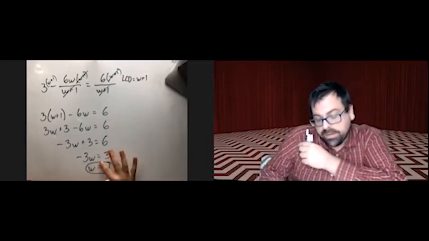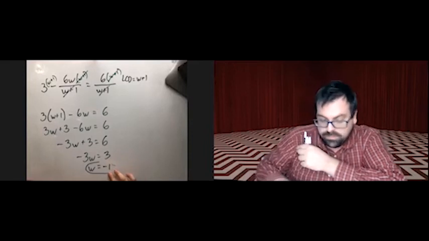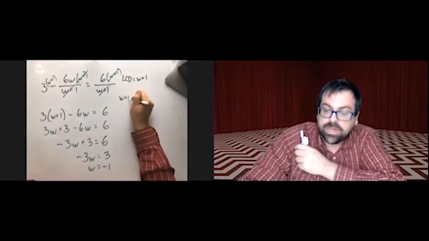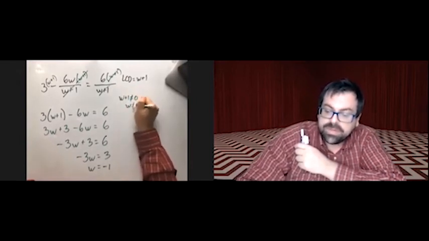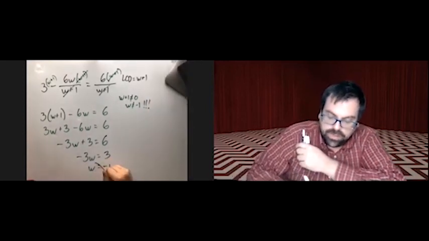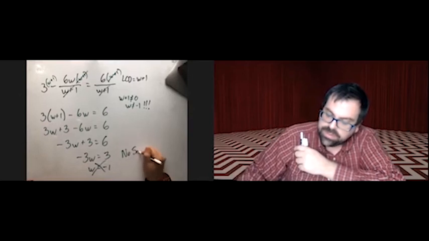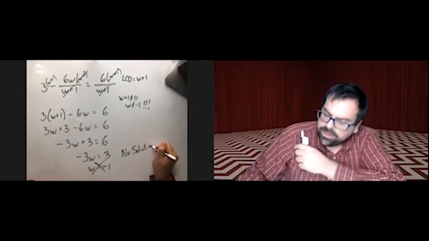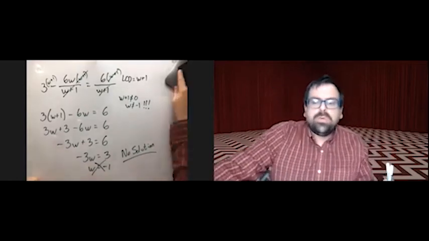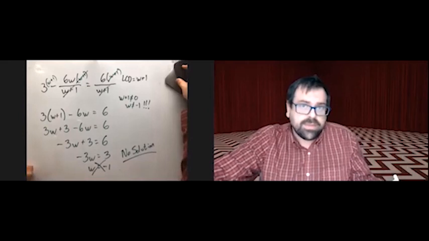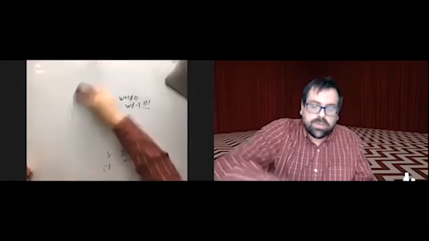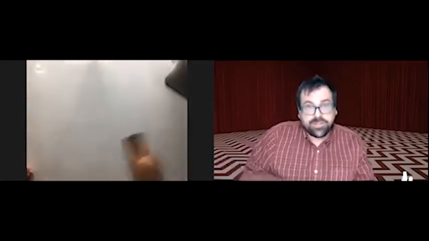But we can't have negative 1, because w plus 1 can't be equal to 0, so w can't be negative 1. So we throw ours out. No solution. It's much quicker with method 2. So from here on out, we're going to exclusively use method 2, whether we have a complex fraction or a rational equation.